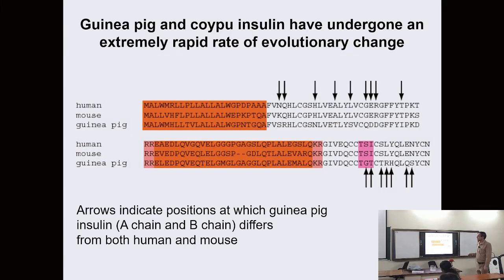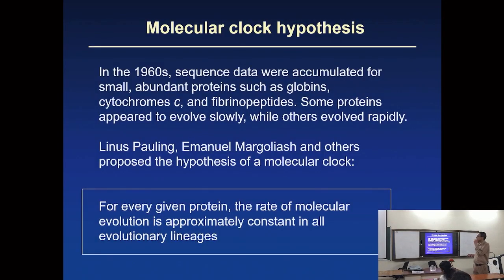One of the most influential hypotheses in the field of evolutionary biology was the molecular clock hypothesis, proposed in the 1960s, sometime around 1962, by Linus Pauling, Emmanuel Margoliash, and others.